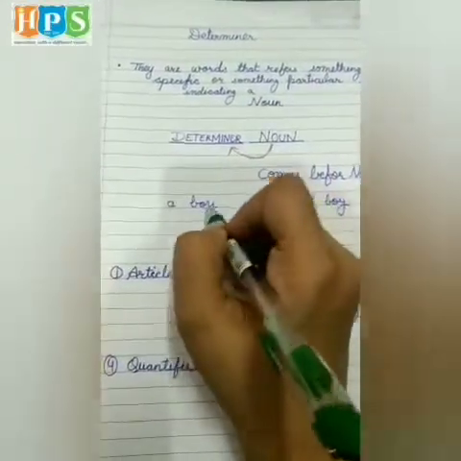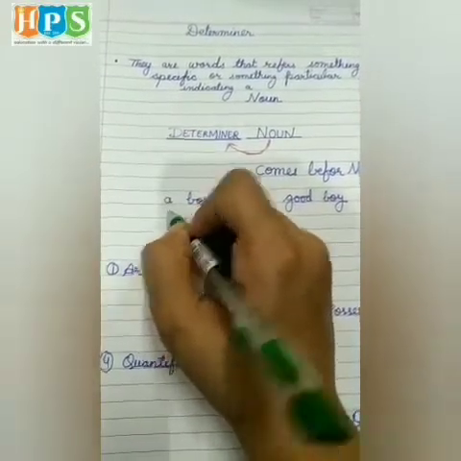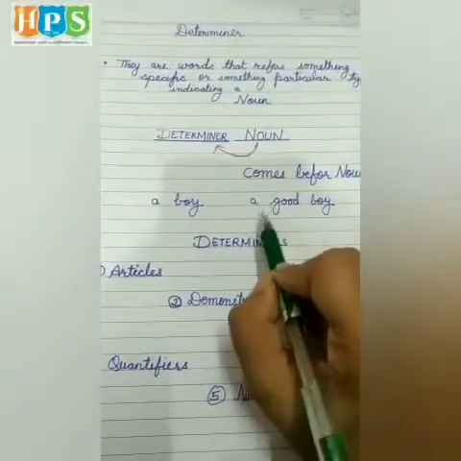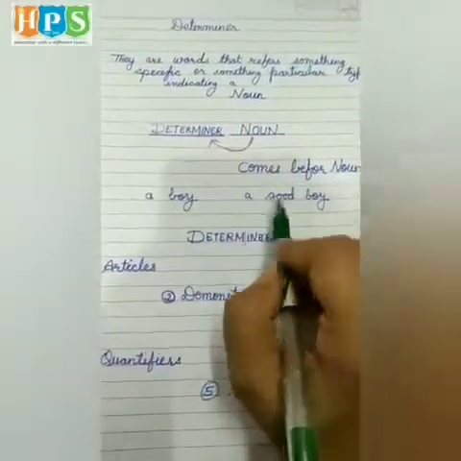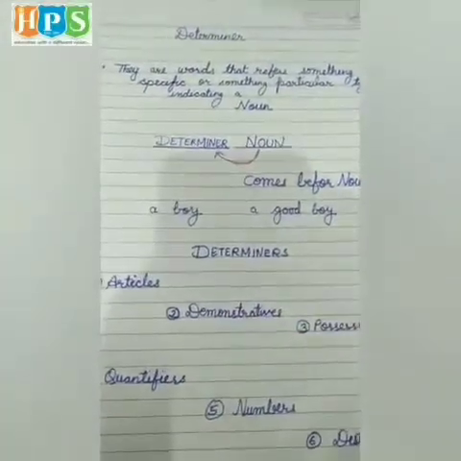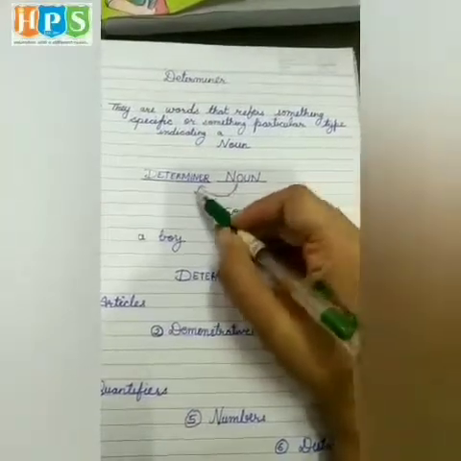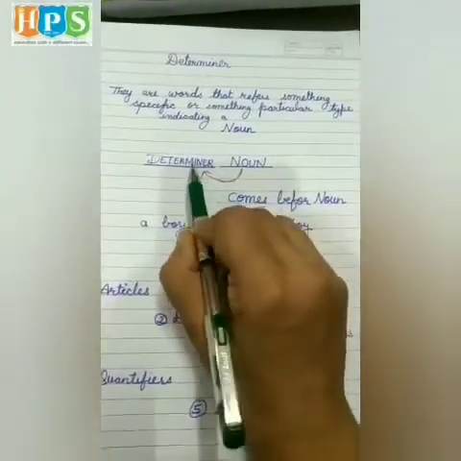Before boy, what can we see? There is the word a. Good boy. In both examples they are indicating boy. So determiners are always placed before a noun.